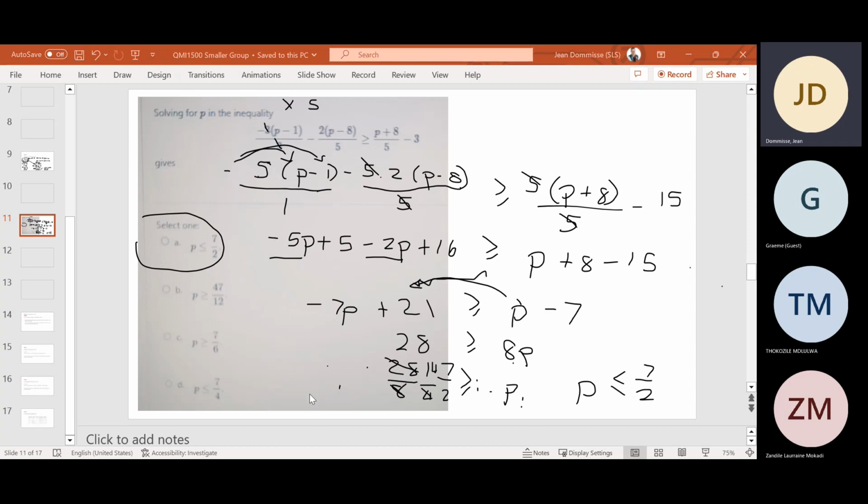Just want to see what is happening with my chat as well. Okay, there's my chat. Cool. Yes. Obviously, I somehow divided wrong, but that is what you should have done.